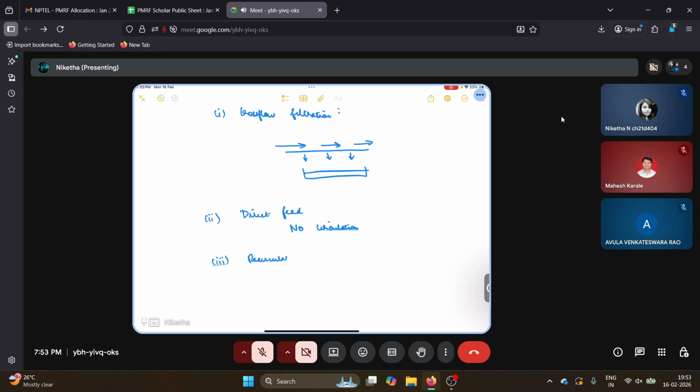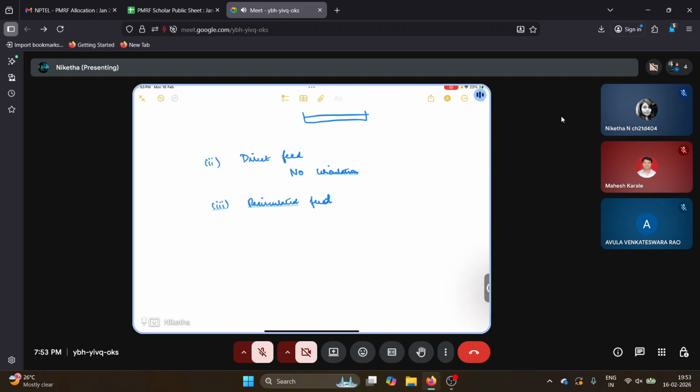Here, whatever reject is there will be recirculated. Recirculation will reduce the cleaning time, it will help in increasing the life of the membrane, and it will prevent fouling. That's because the cleaning happens two times, and the pollutant load is not very heavy.